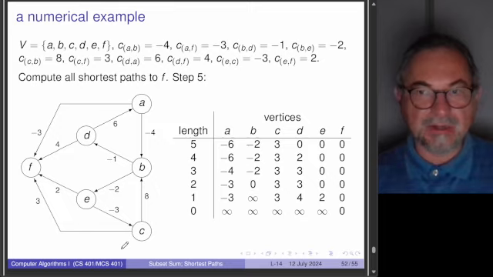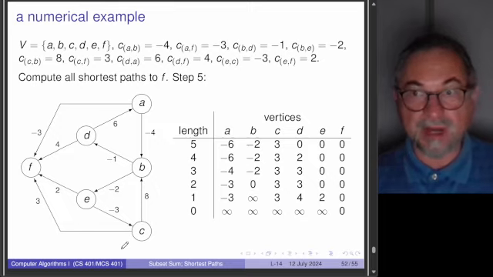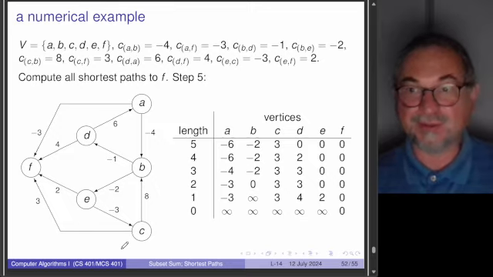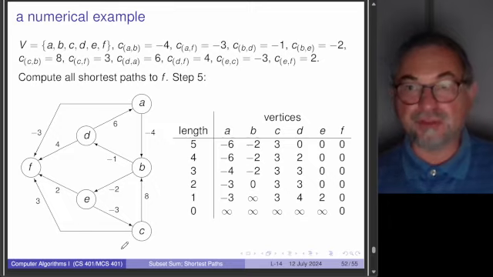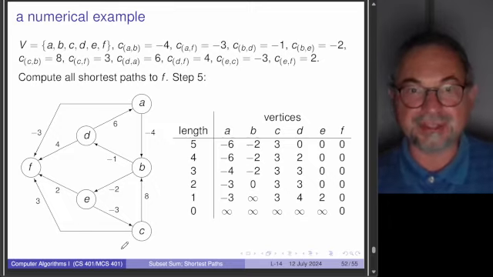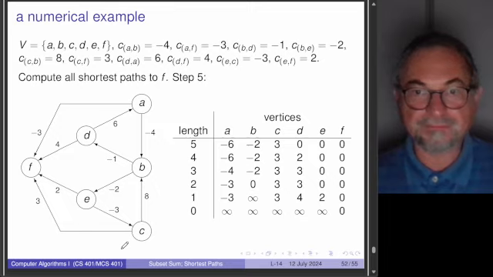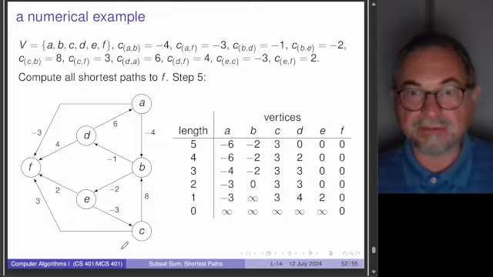But there is a systematic way now to recover a shortest path. If you want the shortest path that reaches F, then you can answer this question from every vertex.